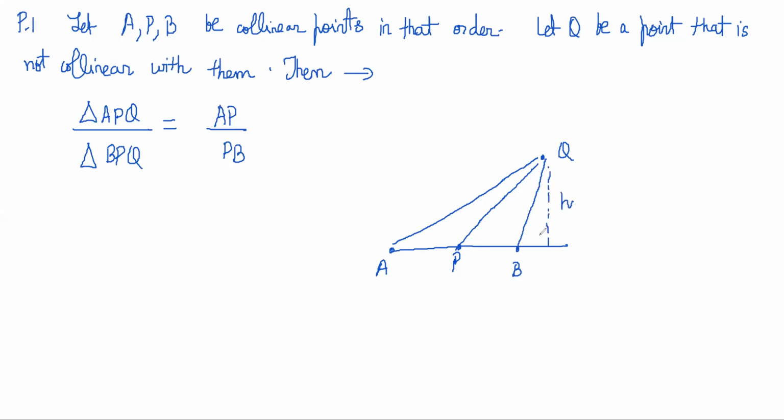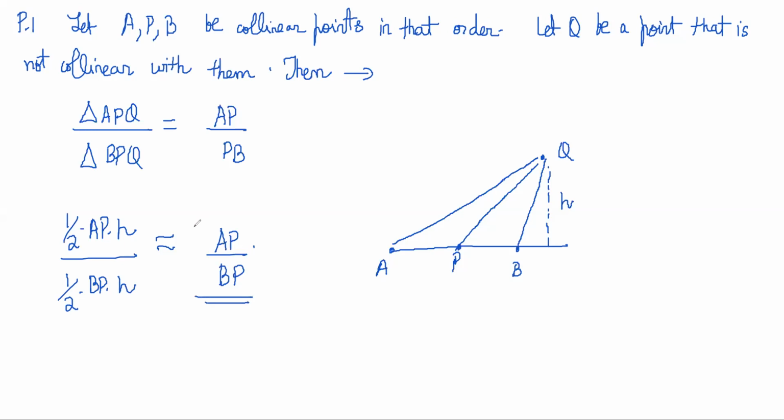Area of triangle APQ will be half into AP into H, and area of triangle BPQ will be half into BP into H, right? So the ratio becomes AP by BP, right?